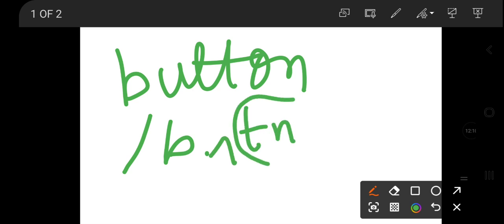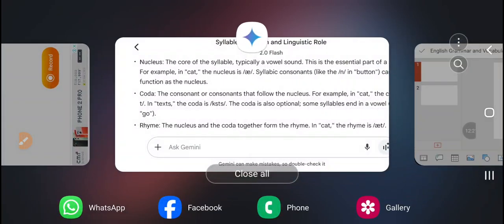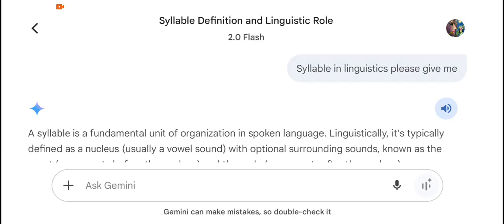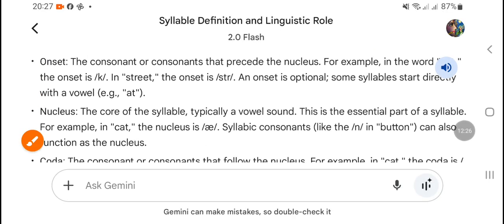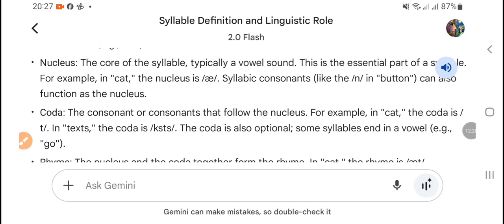So here what they are saying is that there is no vowel, right? But still this sound acts as a vowel, and that's why they are saying that this is called nucleus. This N in button, right?